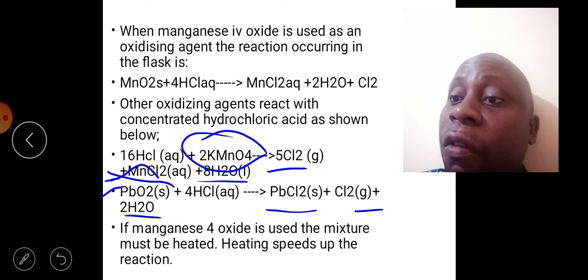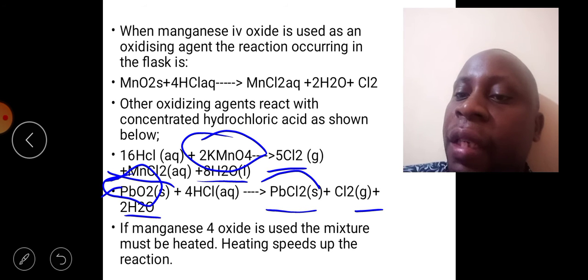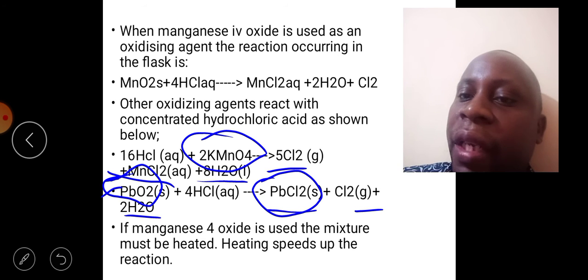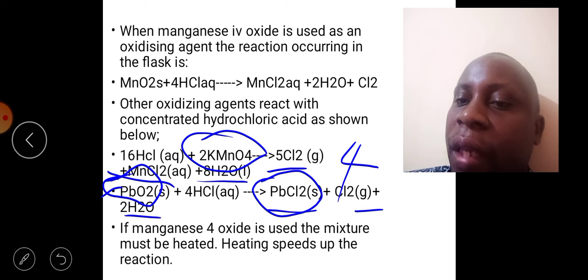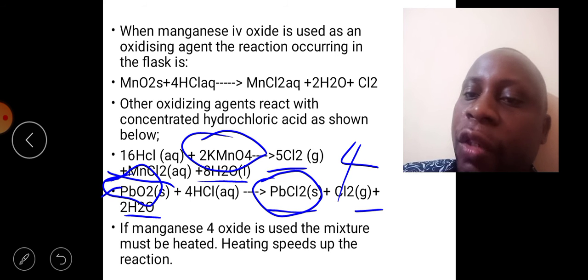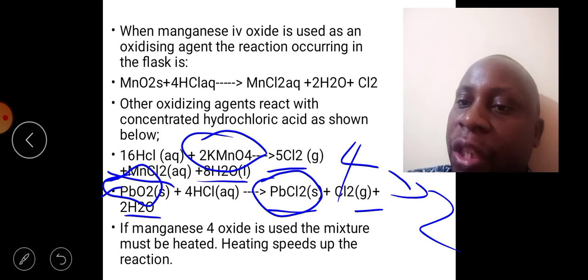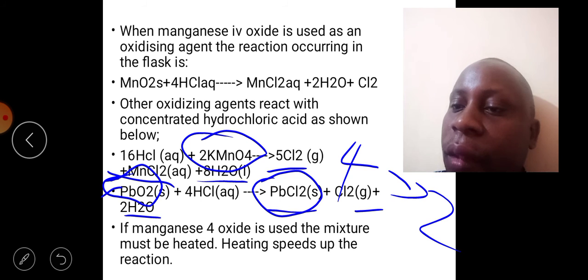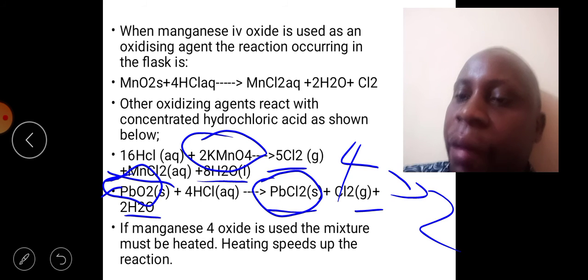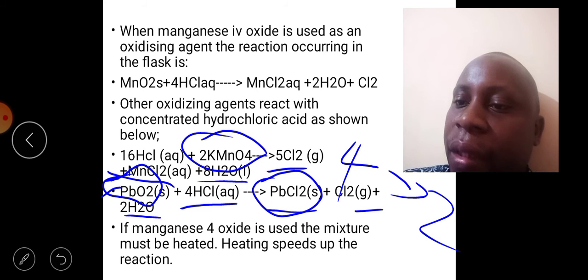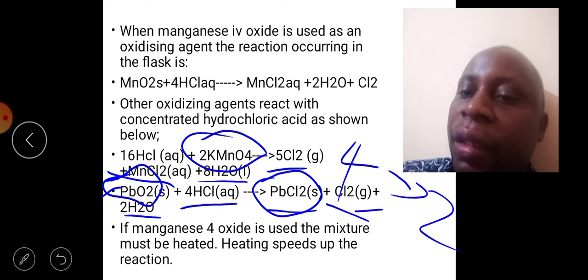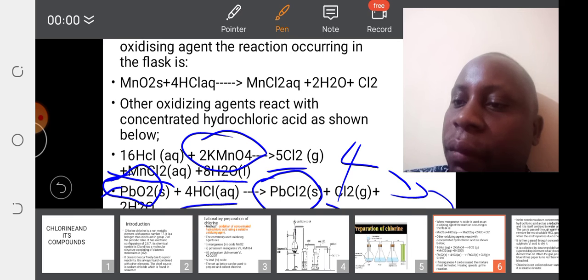Here it was lead 4 oxide, but the product formed from the lead is lead 2 chloride. So lead was lead 4, it changed to lead 2. This means that it has undergone reduction. Reduction is decrease in oxidation number. The oxidation number has changed. On the other hand, our hydrochloric acid has been oxidized to chlorine and water.